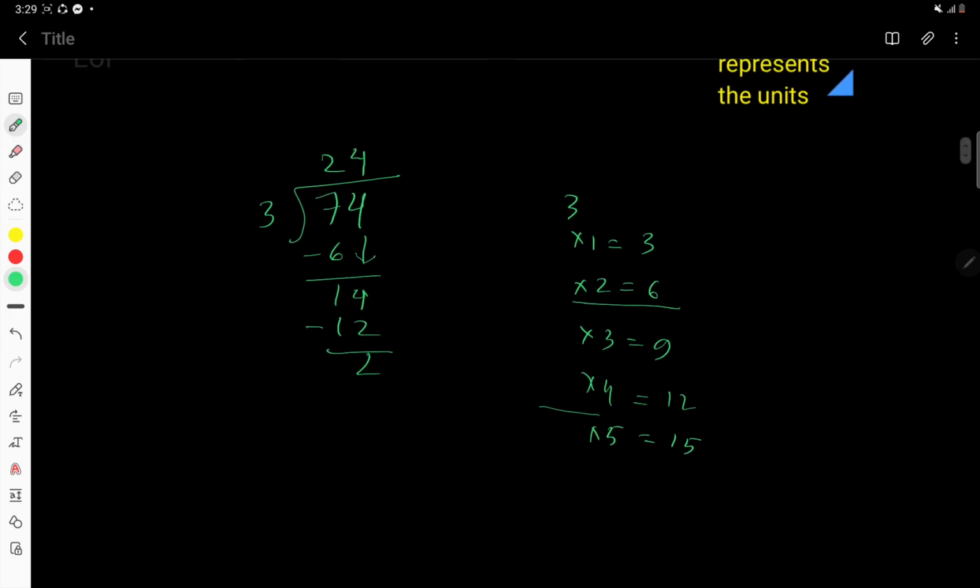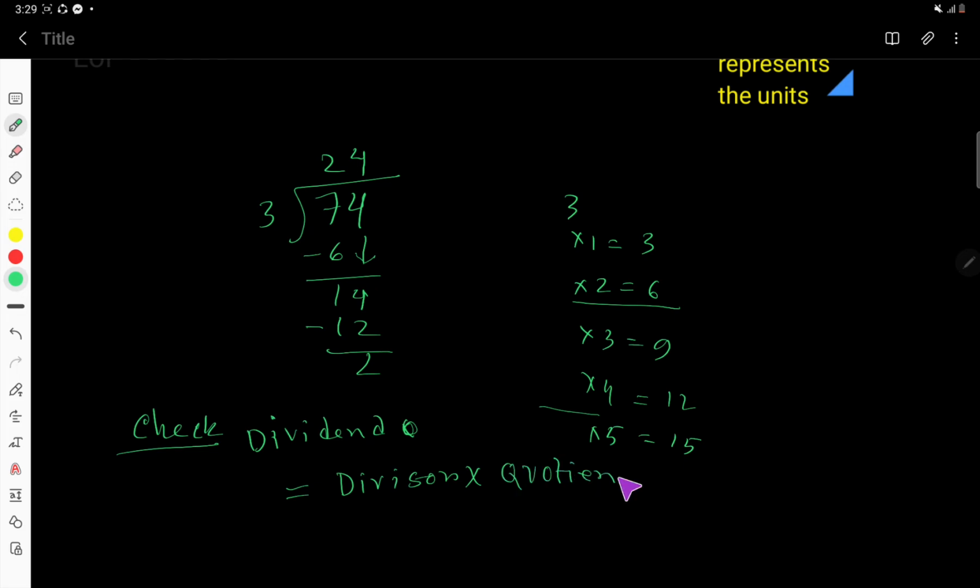So now check. Dividend equals divisor times quotient plus remainder. Here the dividend is 74.